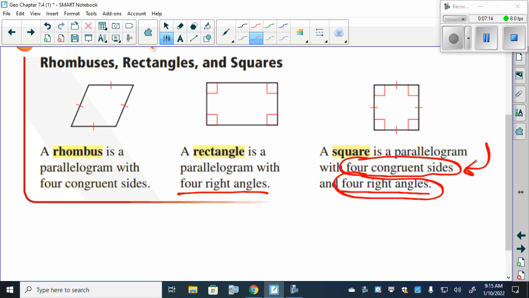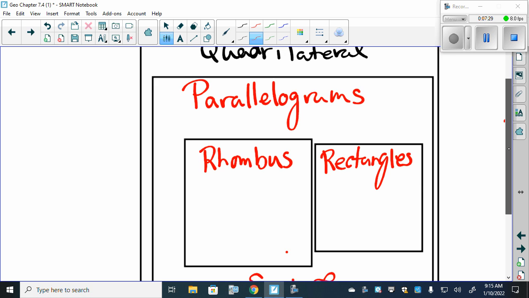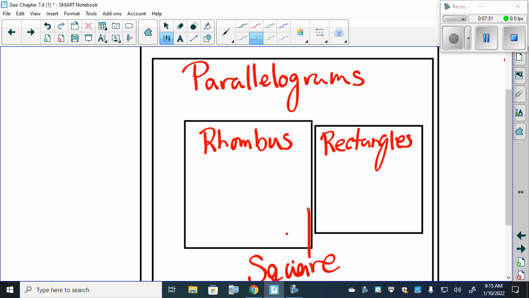And really right in the middle of rhombus and rectangle is our square. We're looking at this where square goes in the union of these two here because it's the middle of those. Does that make sense?